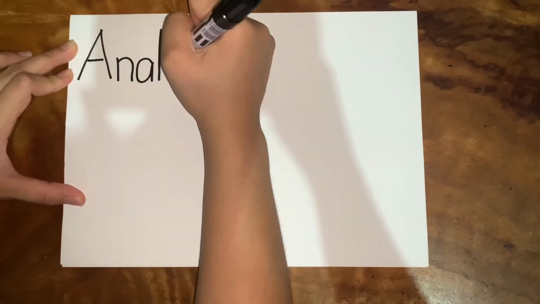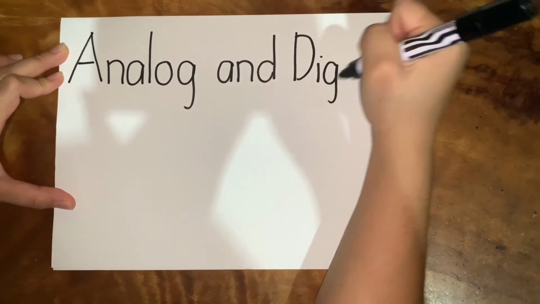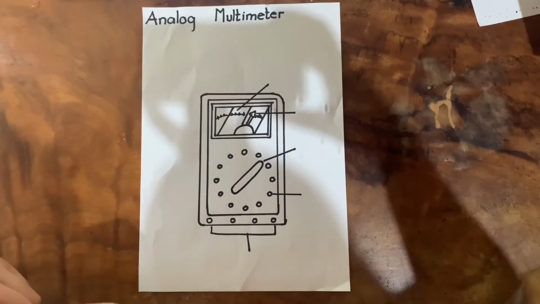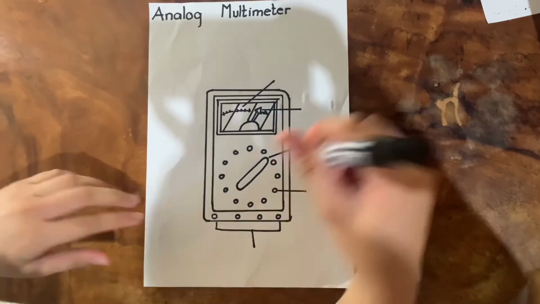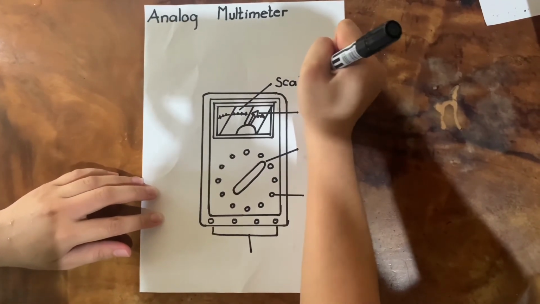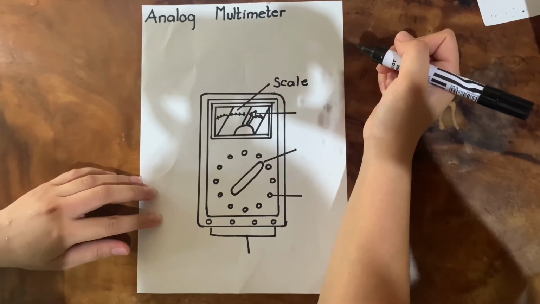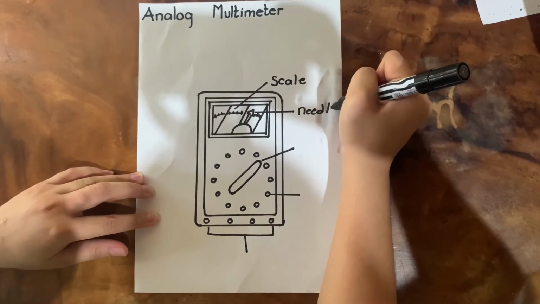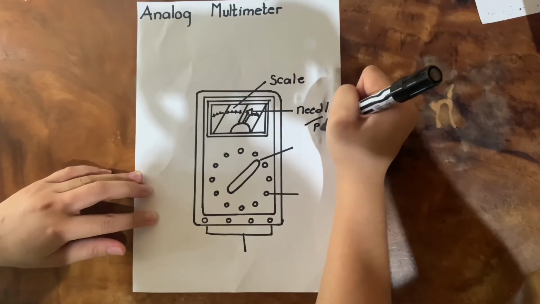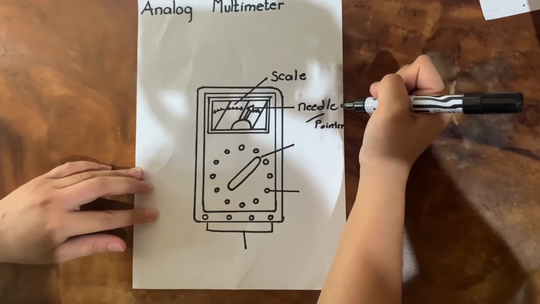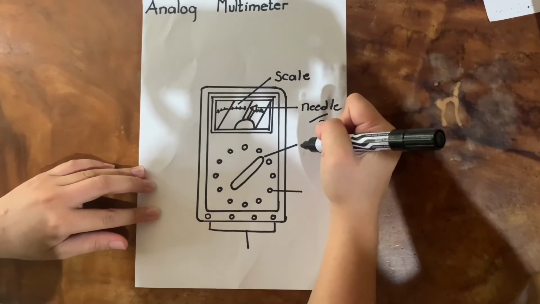So now, I'm going to show you what a digital multimeter and an analog multimeter are. This is the analog multimeter. This is the scale, which has the values to be read. Then this is the needle or pointer, which points to the reading shown. Then this is the range.